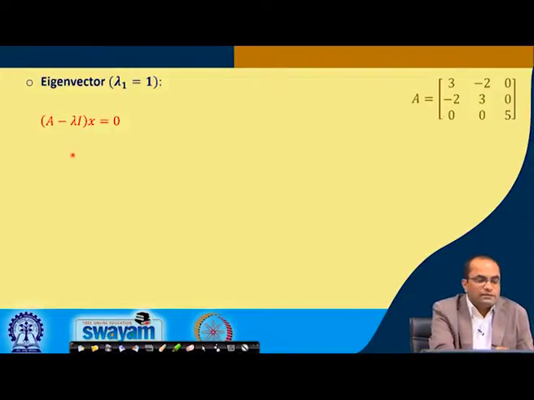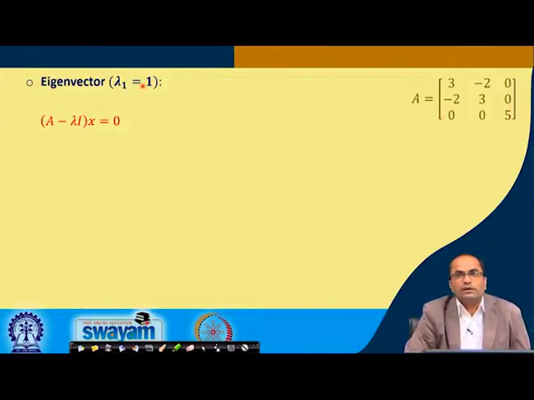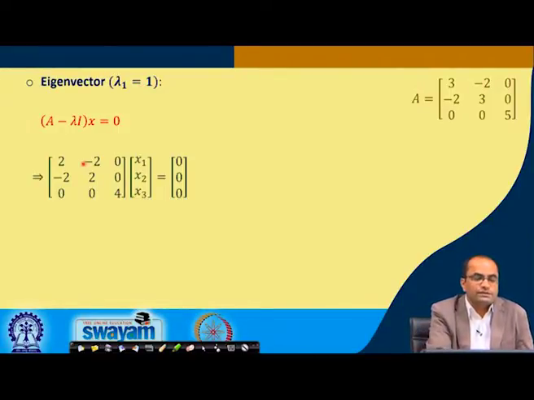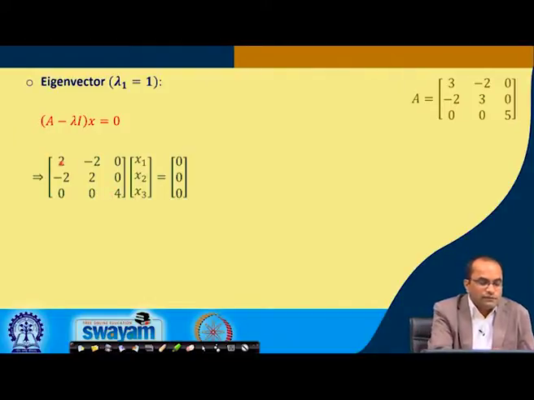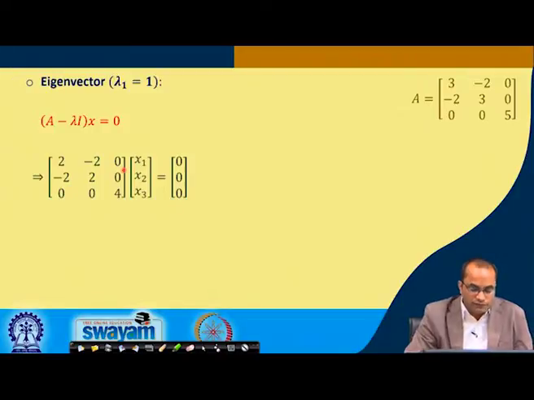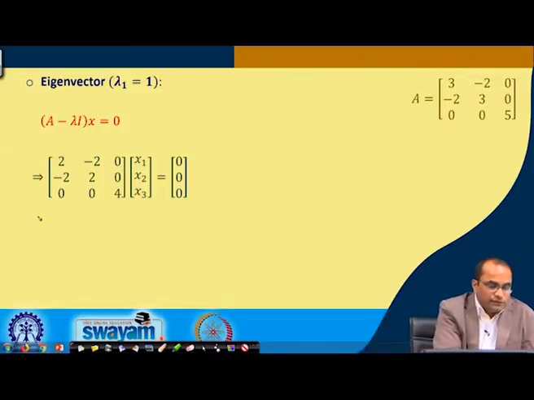So, here A minus lambda I, and lambda is 1 now, so 1 will be subtracted from the diagonal, and that will be our matrix with 2 minus 2 0, and again 2 here, as the diagonal entry is reduced by 1. We want to solve this system and get the reduced echelon form.